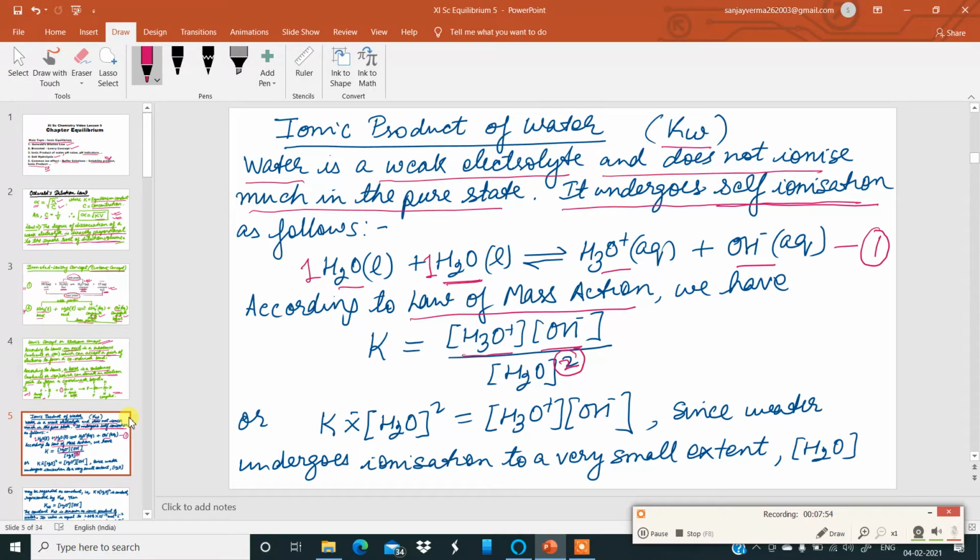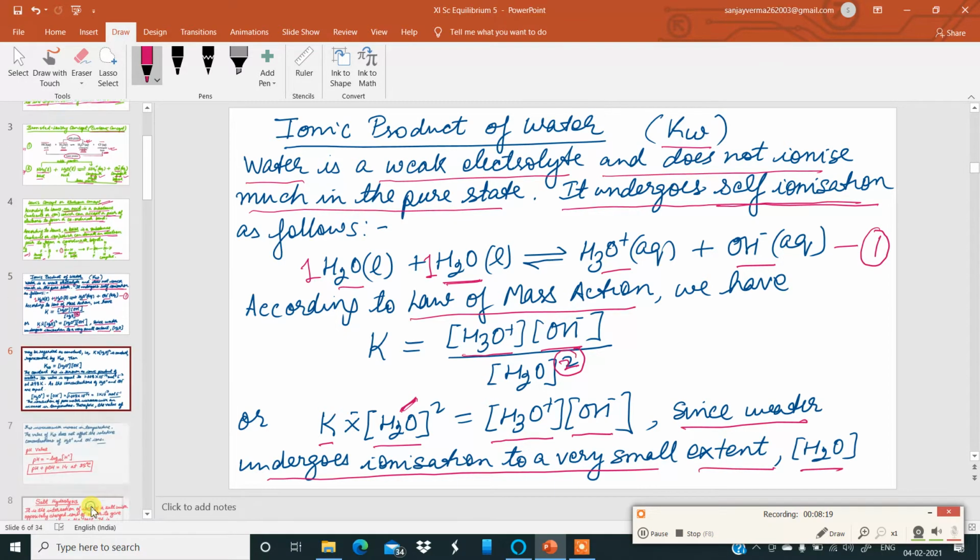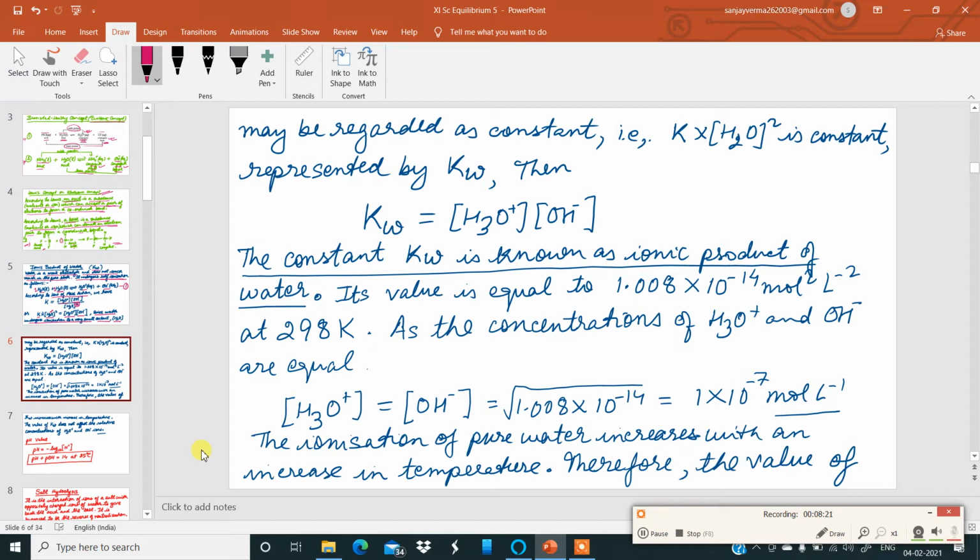Now, bring this concentration of water raised to the power of 2 to the other side. So K multiplied by the square of the concentration of water is equal to the product of hydronium ion concentration and hydroxyl ion concentration. Now, since water undergoes ionization to a very small extent, the concentration of water may be regarded as a constant.